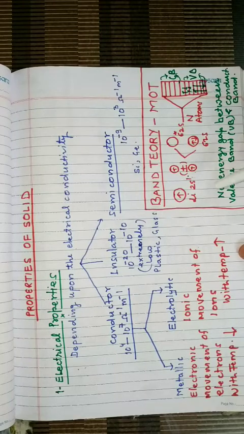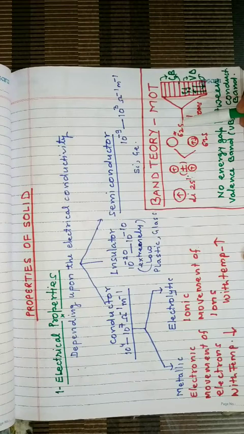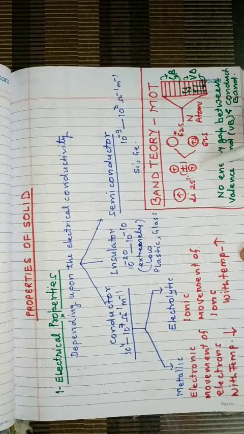In order to combine, there must be at least two lithium atoms. When two lithium atoms undergo linear combination, they form two molecular orbitals: one is sigma 2s and another is sigma star 2s. The number of electrons available from these two atomic orbitals in the valence shell is only two, one from each lithium atom.